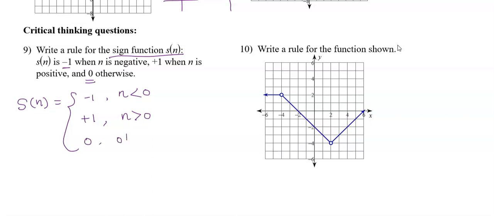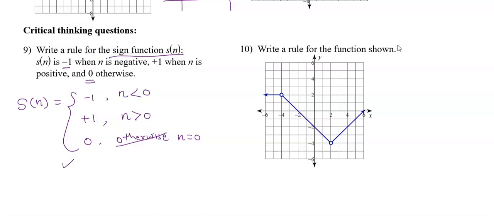Instead of otherwise, we have discussed two cases, n less than 0 and greater than 0, so the remaining case is n equal to 0. So we have a sign function Sn. Under these conditions it is a piecewise function. Good one. Let's move to the next question, number 10.